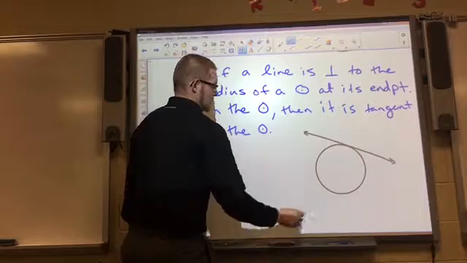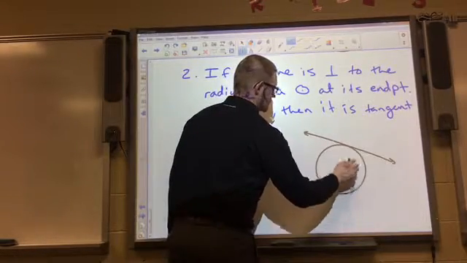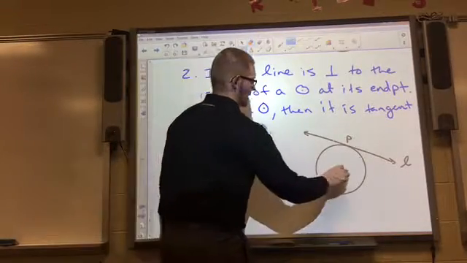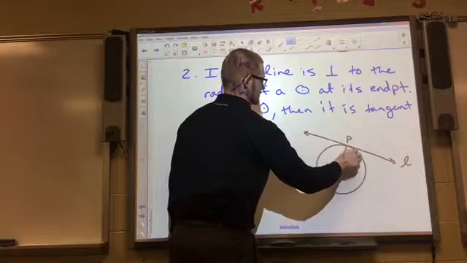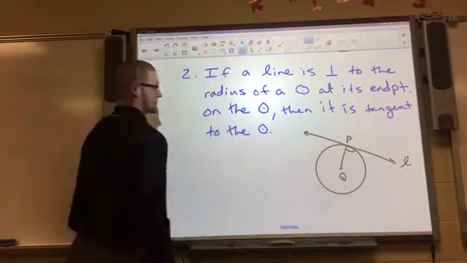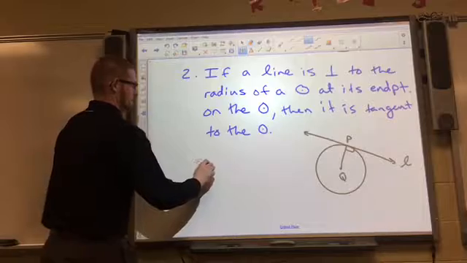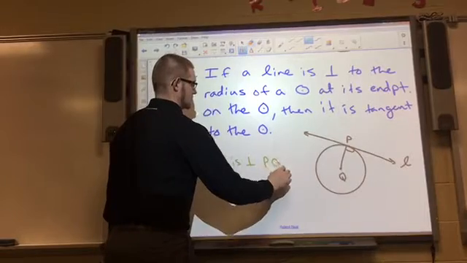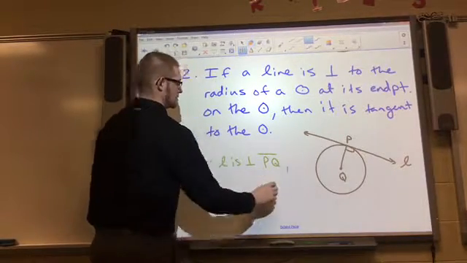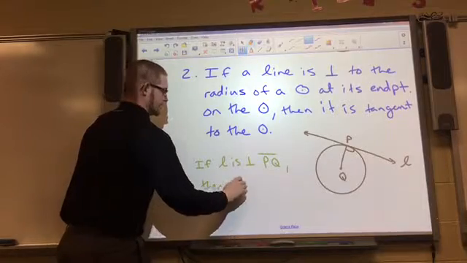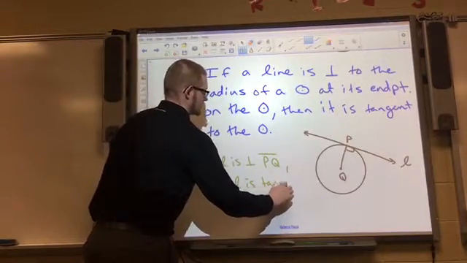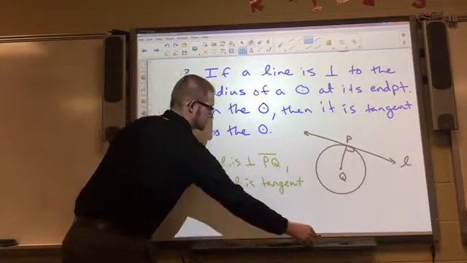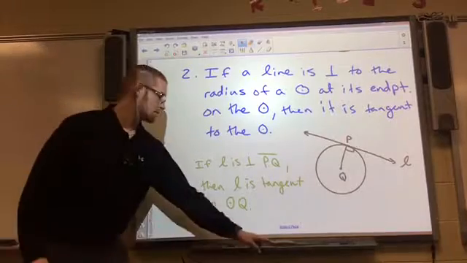Okay. We'll use the same stuff. That's Q, P, L. It says that the line is perpendicular. Okay. So if L is perpendicular to PQ, then L is tangent to circle Q. Okay, it's just the converse there.